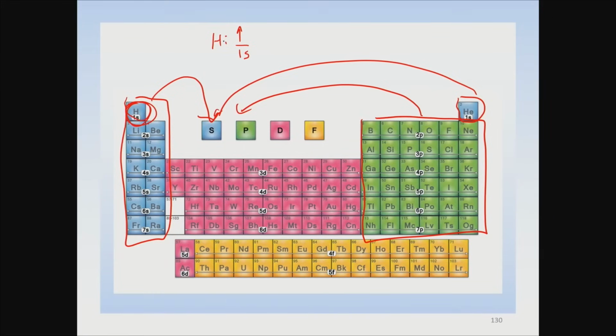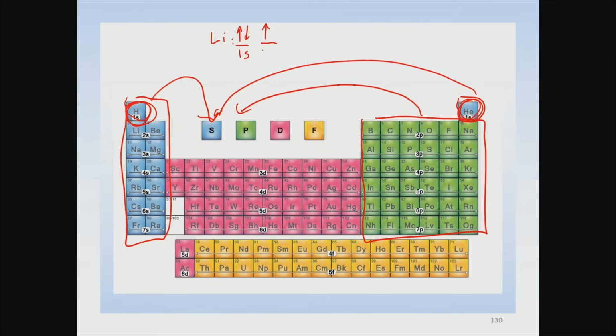Okay, let's say you had helium. Helium has 2 electrons, and its last electron also goes into an S sublevel in the first energy level, so we would expect helium to be part of the S sublevel block, and it is. Now let's look at lithium. It has 3 electrons, 2 are there, so the last electron goes to the next orbital out.